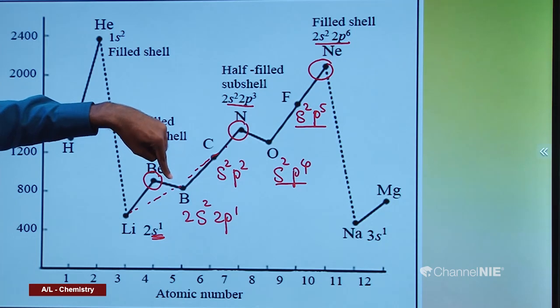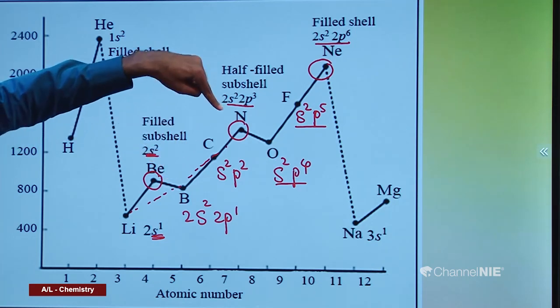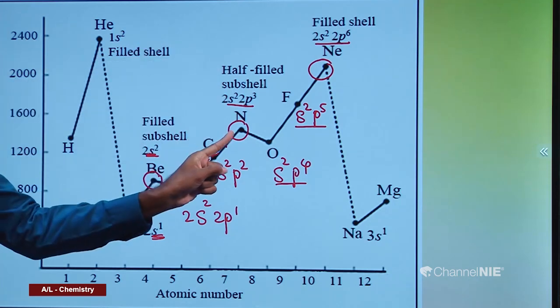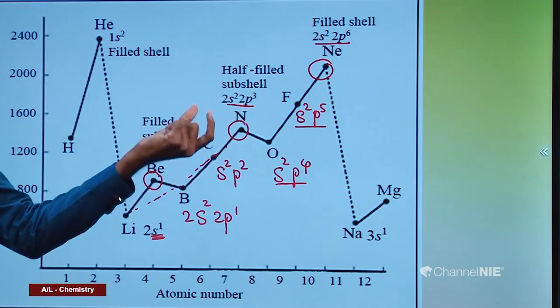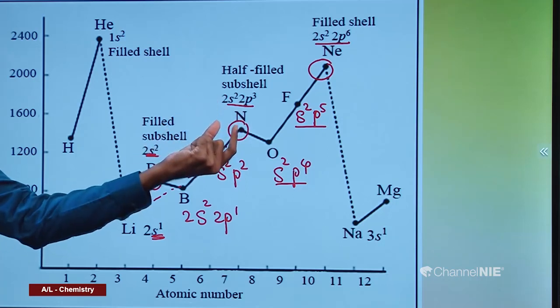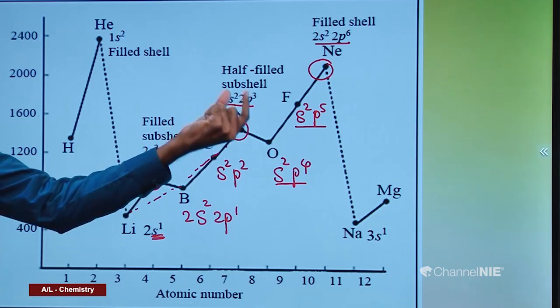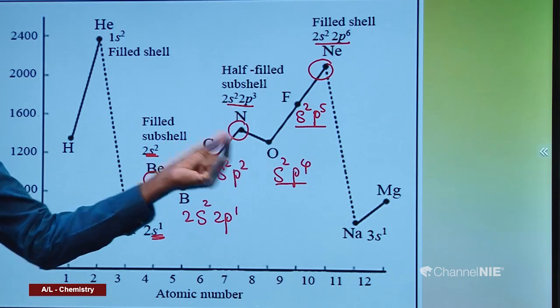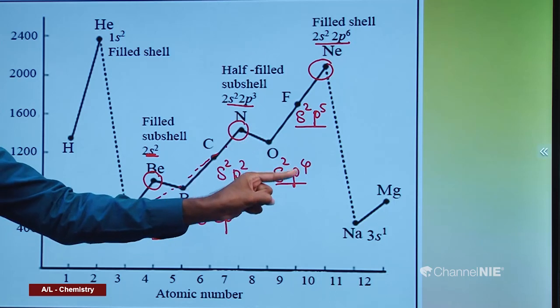Then from s2p1 to s2p3 it increases, due to the increase in the effective nuclear charge. After that you can see this value is greater than the expected value. This value is greater than the expected value because of this more stable configuration. It is therefore greater than the value of the next element as well, s2p4.